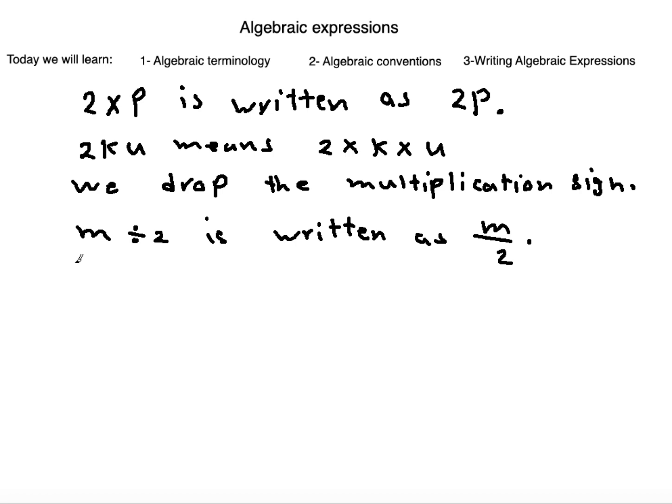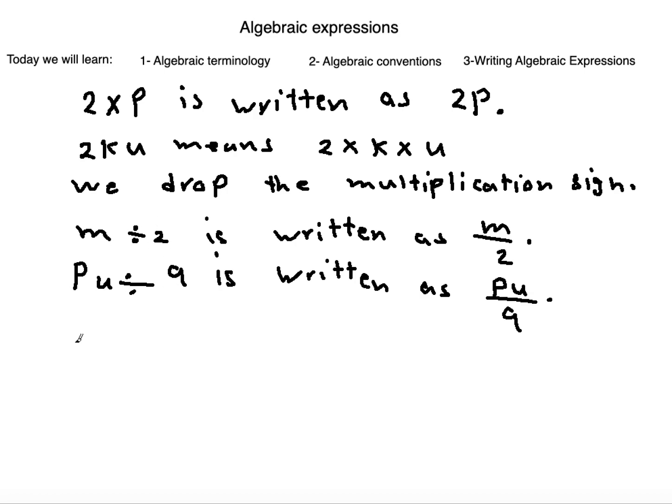Or if you have pu divided by 9, we write it as pu over 9. So the second convention or rule is division is written in the form of a fraction.